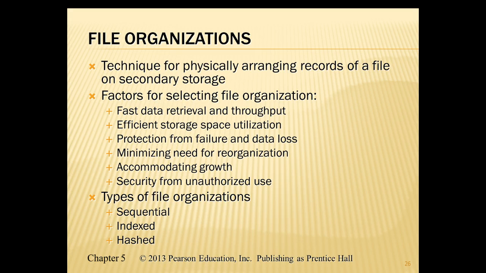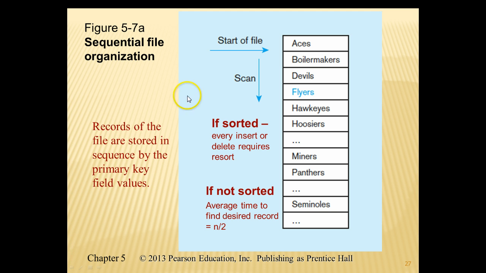Now, some of the types of file organizations that we'll cover in this text, and these are pretty important to understand, are sequential file organization, indexed, and hashed. And we'll take a look at how these work. This is a sequential file organization, and the records of the file are stored sequentially, in this case by the primary key field values.